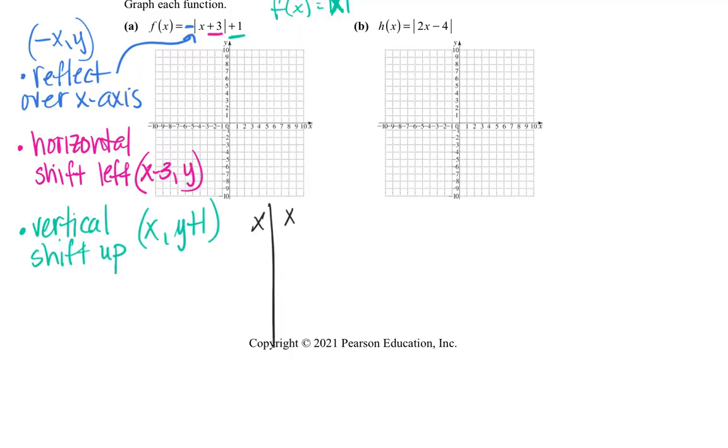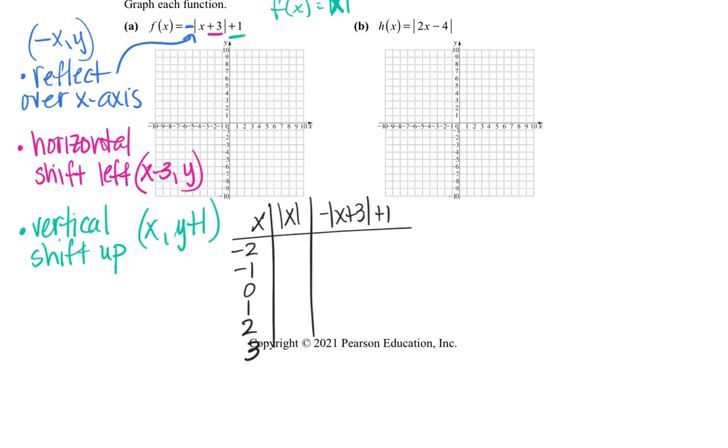just so we can see. So now we've got negative absolute value of x plus 3, plus 1. All right. I'm going to choose some positives and negatives so that I can get on both sides of the graph.